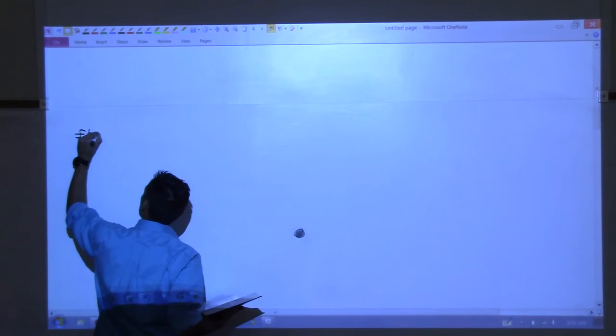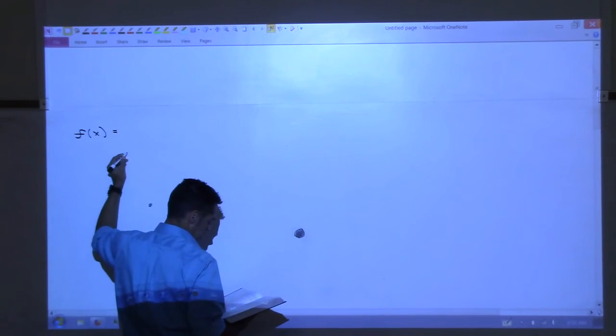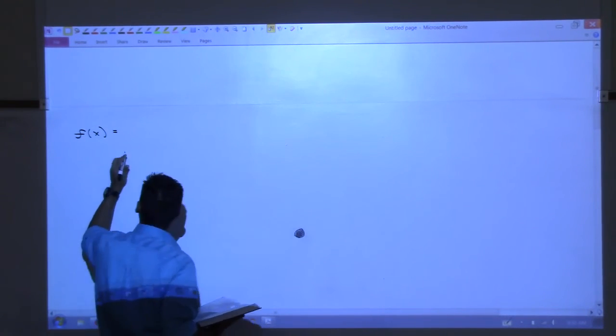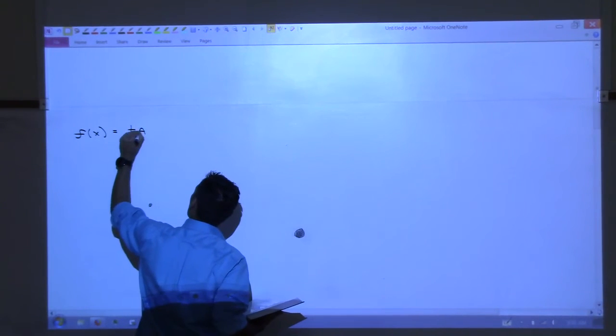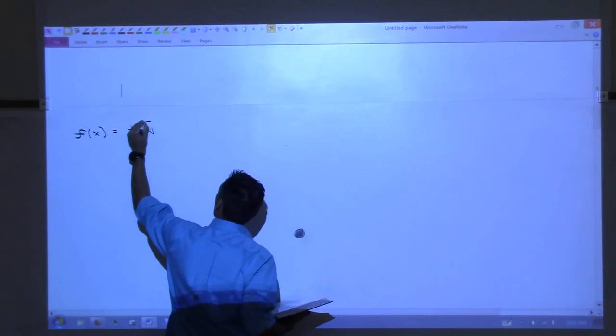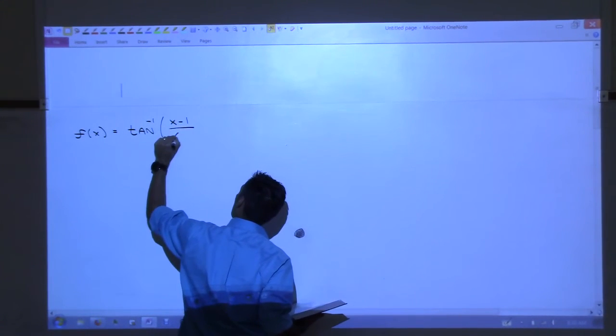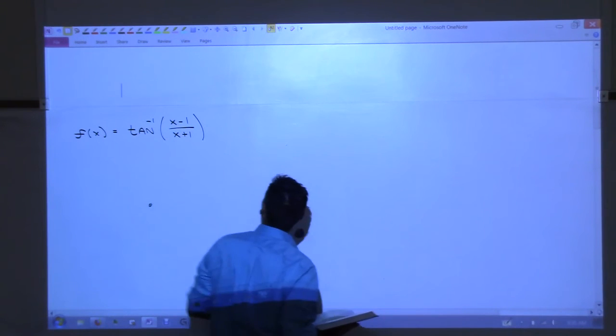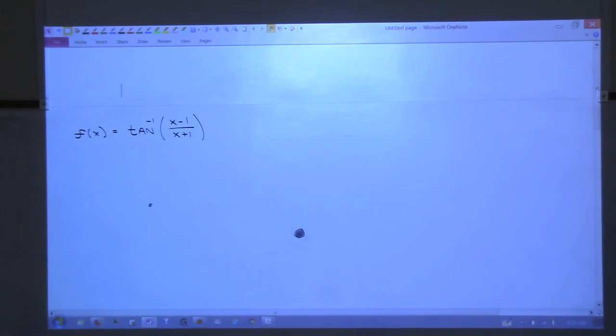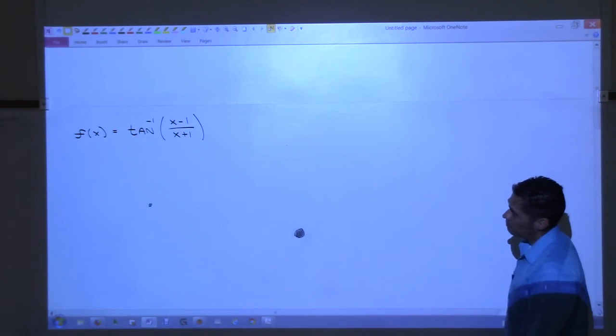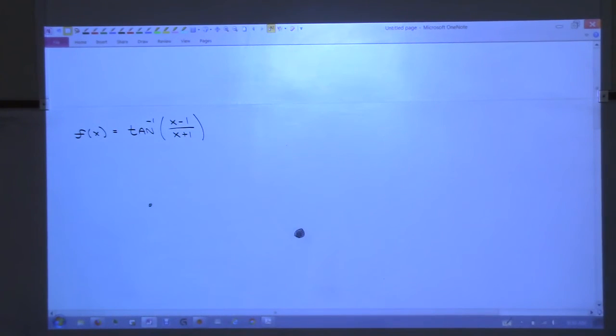F of x equals arctangent of x minus 1 over x plus 1. All right, there's a lot going on here. I have not done this problem, so I'm not sure what we're gonna run into here.